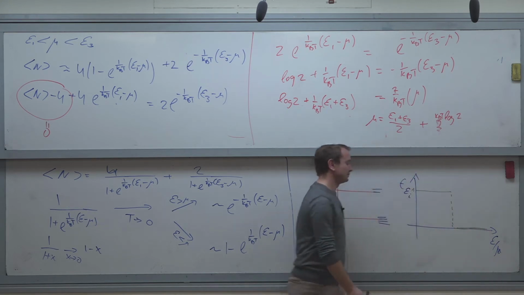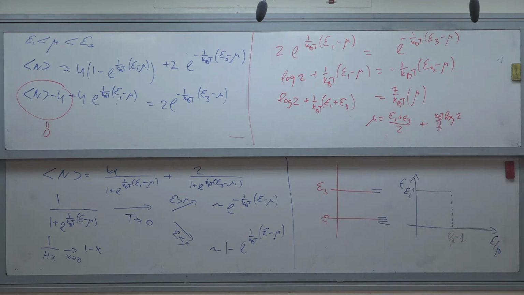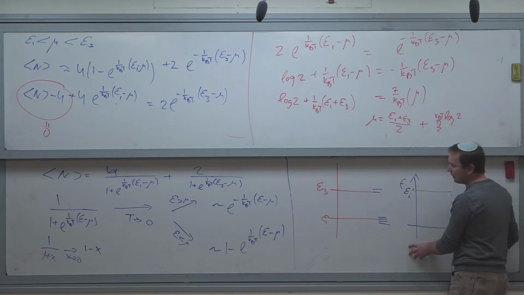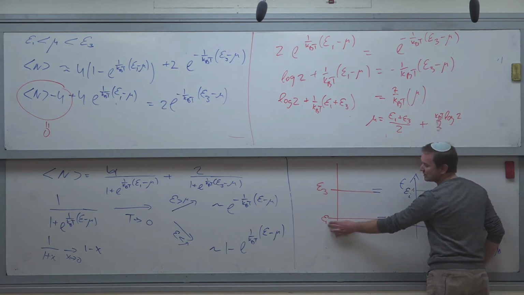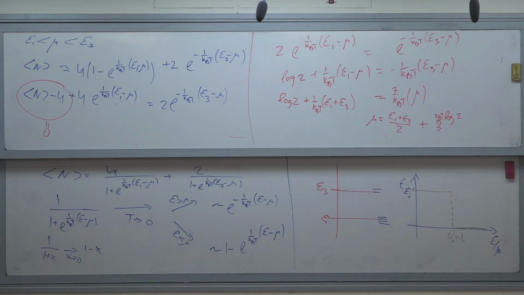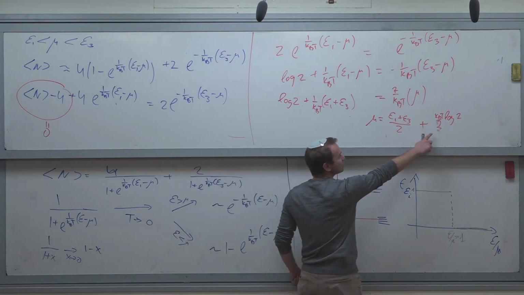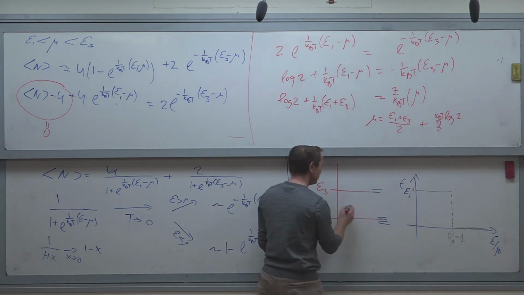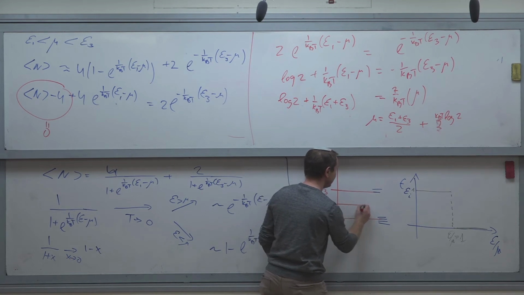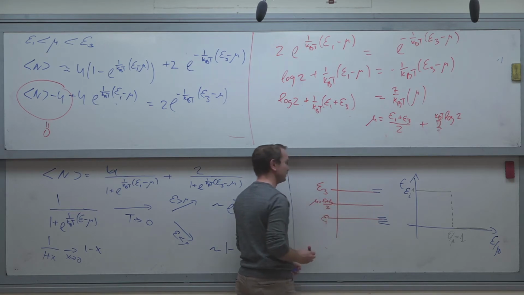Okay? Here is epsilon divided by mu equals exactly 1. Now, in our case, mu is somewhere in between epsilon 1 and epsilon 3. Where exactly is it located? For temperature T going to 0, we don't have this prefactor, so it's exactly in the middle. This is our mu. Mu equals (epsilon 1 plus epsilon 3) divided by 2.